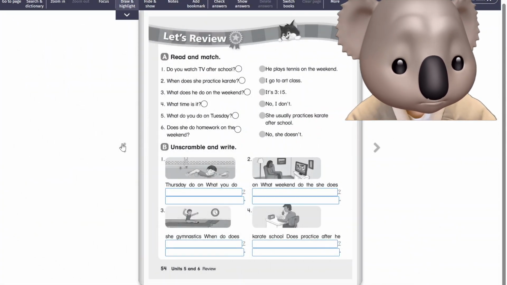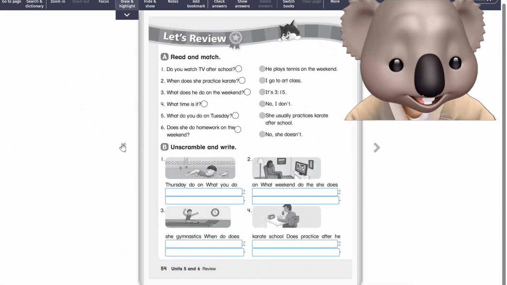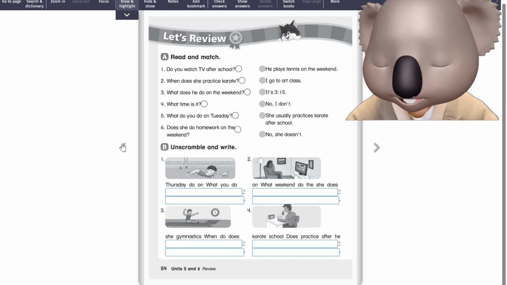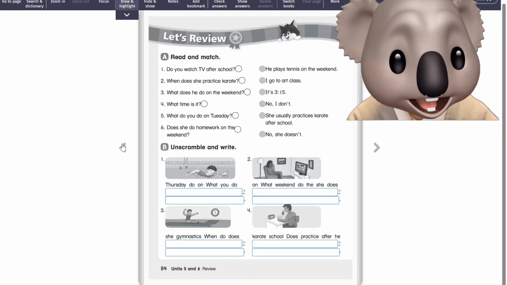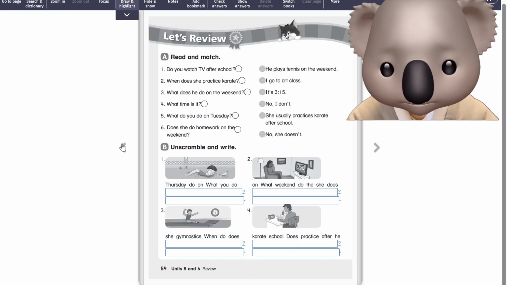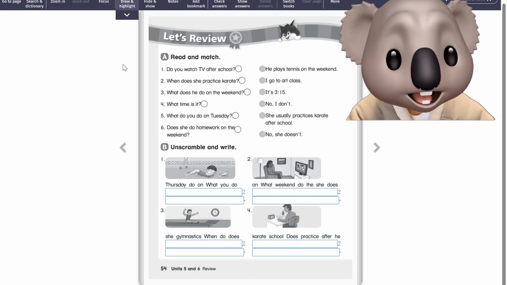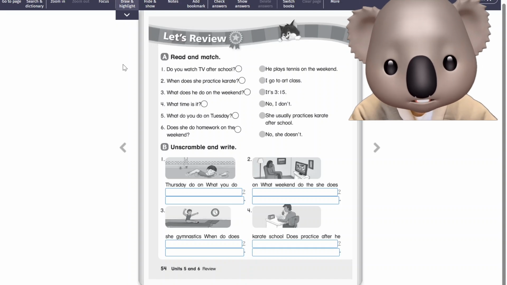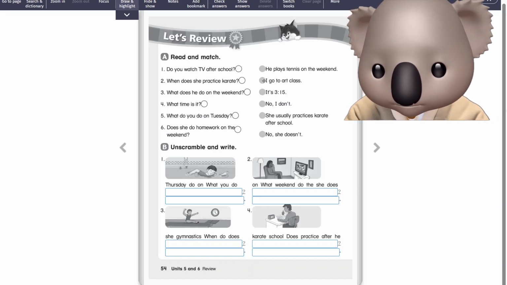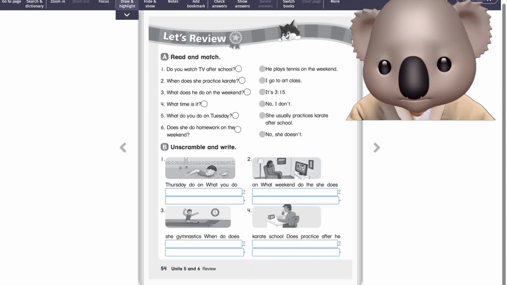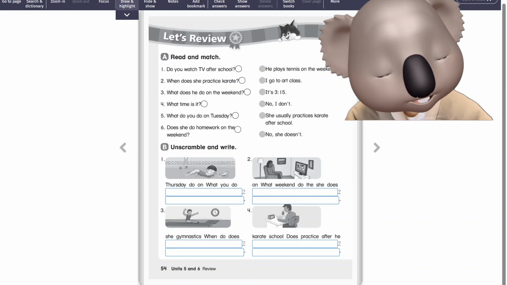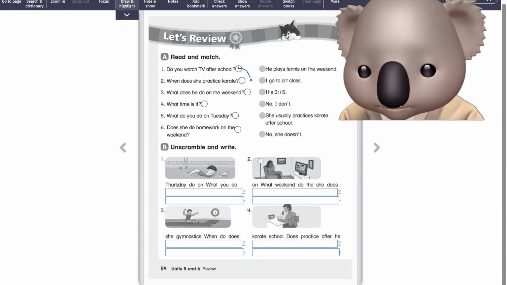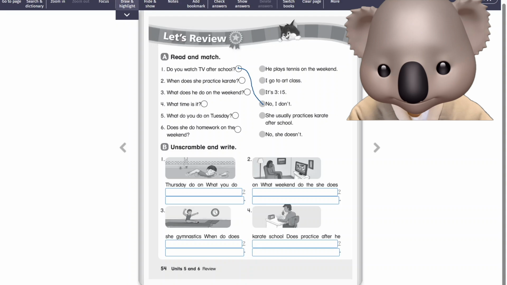On page 54, the directions say to read and match. In number 1, the question says, Do you watch TV after school? 대답할 때 I가 들어가 있어야 되죠? 그러면 I go to art class. No, I don't. 밖에 없네. Do you watch TV after school? Yes 아니면 no로 시작해야죠. 그러면 No, I don't.